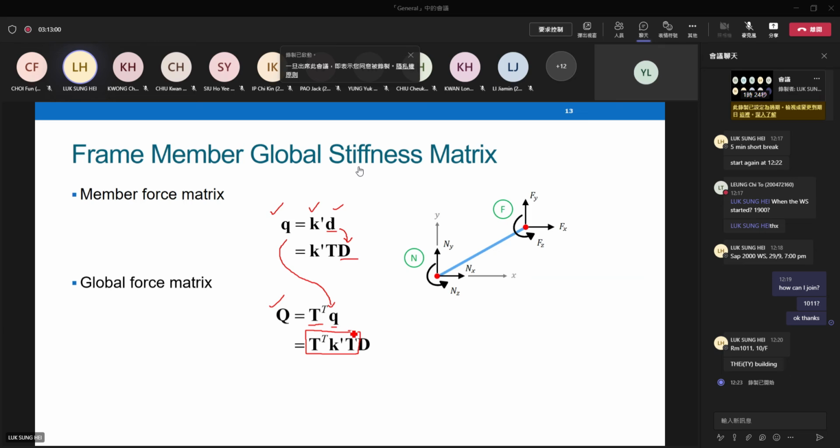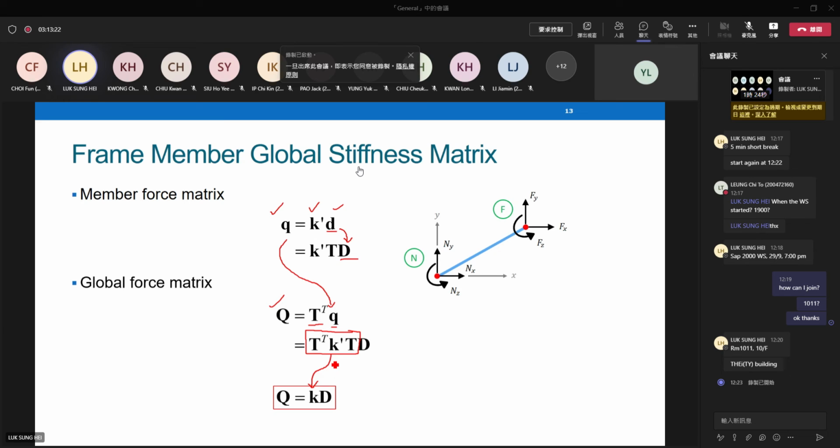Actually, we used this procedure to derive our matrix for truss. I just copied the equation from topic 1 to here. We would like to find the expression of K. How?